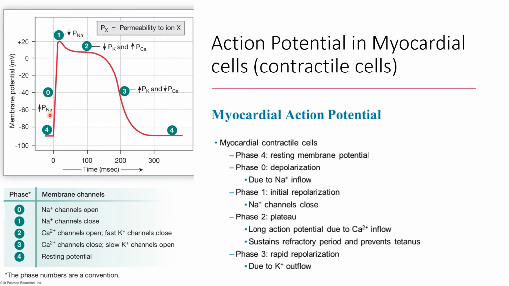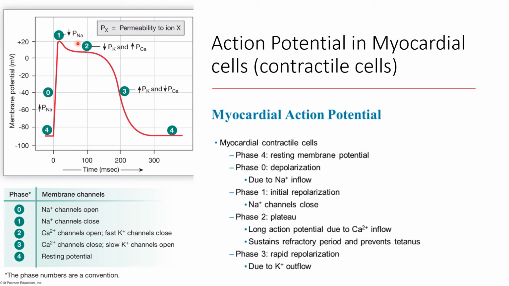That's because a bunch of voltage-gated sodium channels are going to open up, allowing sodium to start entering into the cell, depolarizing it even further until it reaches about positive 20 millivolts. That's when the sodium channels are going to close.